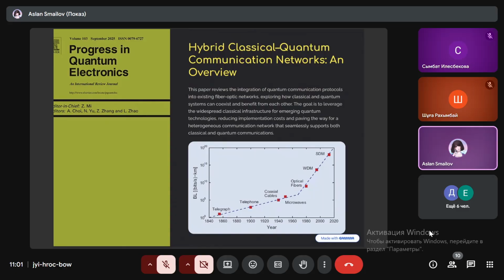classical and quantum communications. In simple words, just imagine today's communications like the internet, the mobile networks, the Wi-Fi, and all these communications that I said before, these tools create the classical networks that we use today.